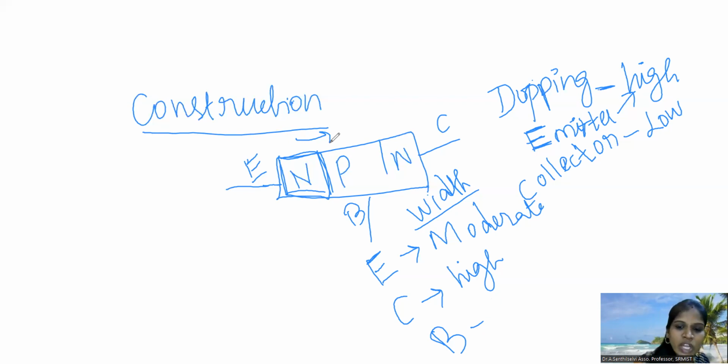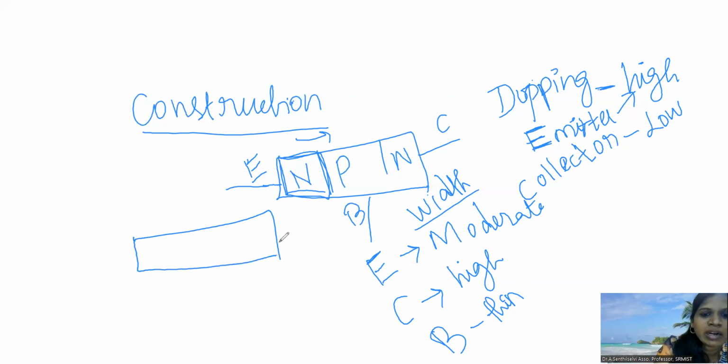Hence, the width of the base is very thin. So in the construction of a BJT, the emitter width is moderate, the base is very thin, and the collector is wide, N, P, N, like this.